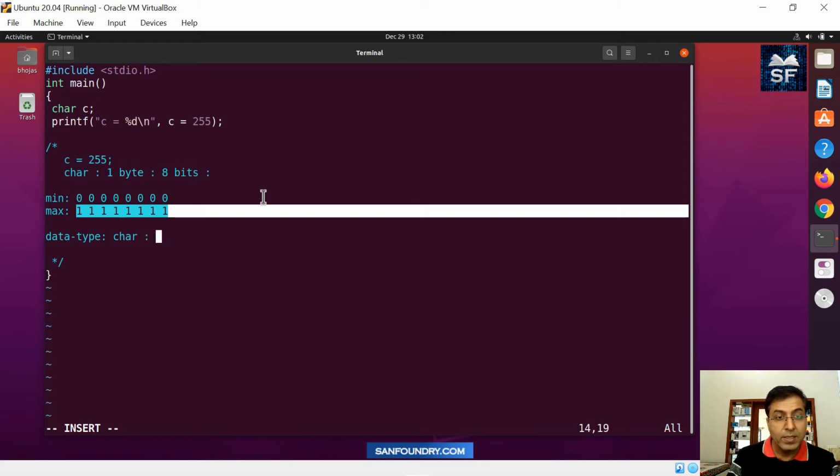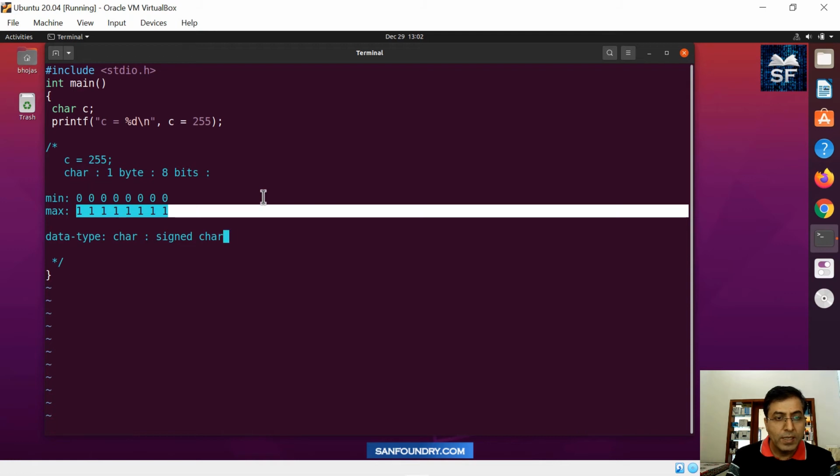By default, in the implementations of the C language by most of these compilers, they will treat it as a signed character, a signed data type. If you don't specify the sign, it's always a signed character.